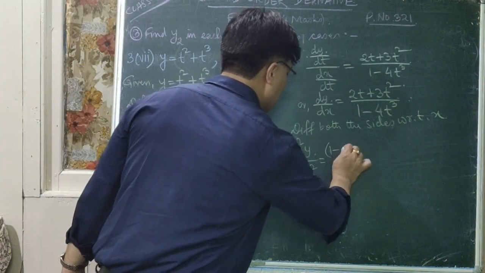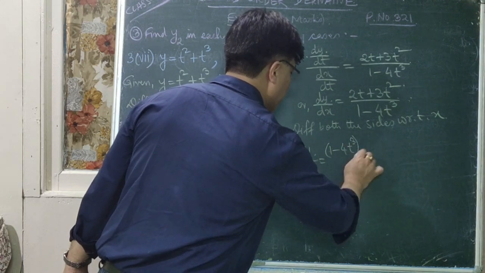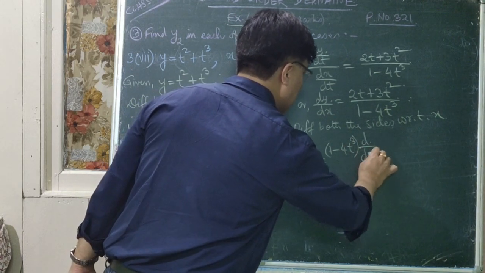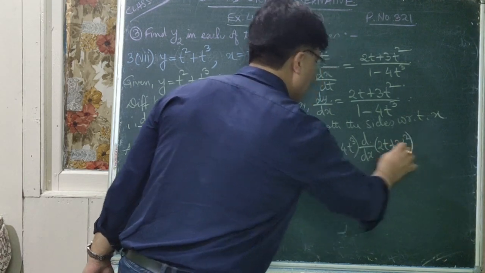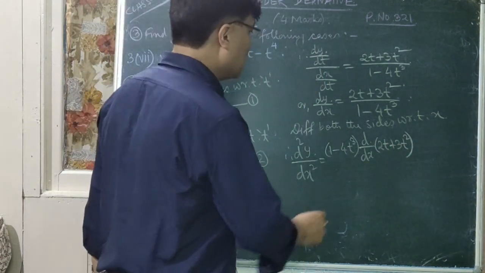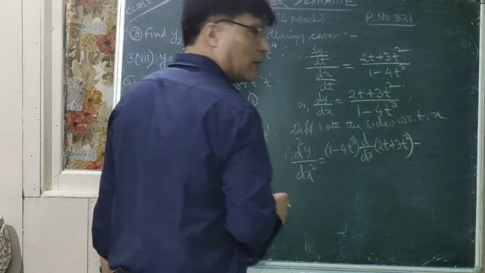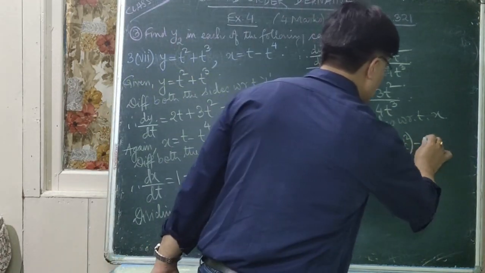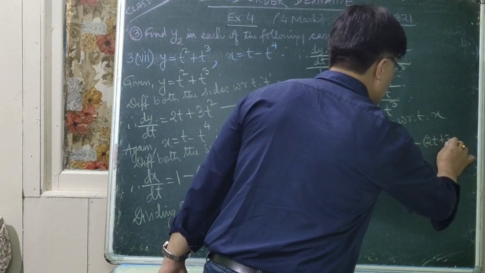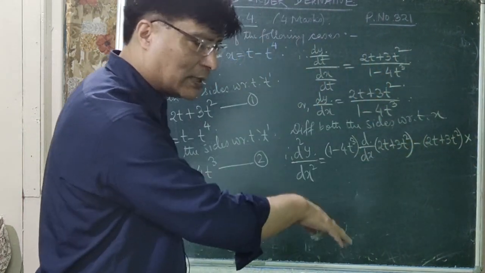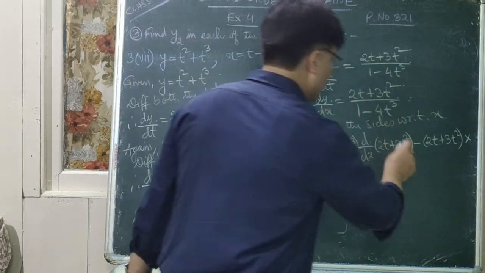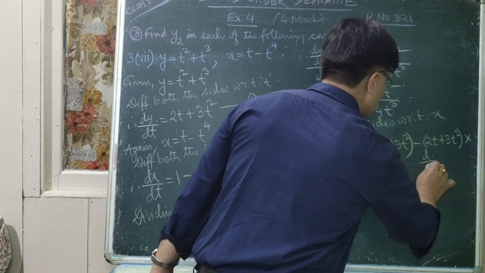So it is 1 minus 4t cube into d by dx of 2t plus 3t square, then you have to write down the minus sign. Now the denominator is kept as it is, 2t plus 3t square into, as there is no space, I'll write it in the next step, that is the differentiation of the denominator.